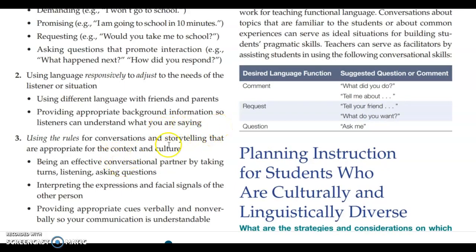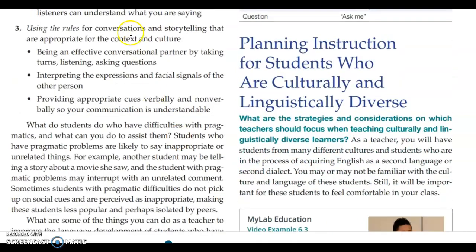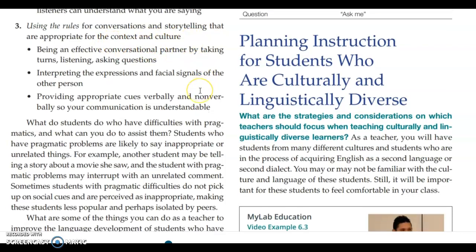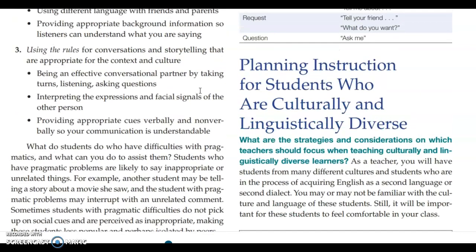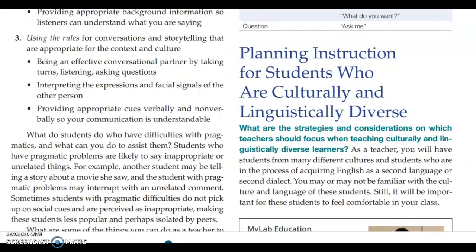Using the rules for conversations and storytelling that are appropriate for the context and culture. So whatever situation you end up in, how can you make the language and the conversations appropriate for the context and the culture? If you travel internationally, the way a sentence is asked or stated might be different than here in the U.S. So thinking about things like that.